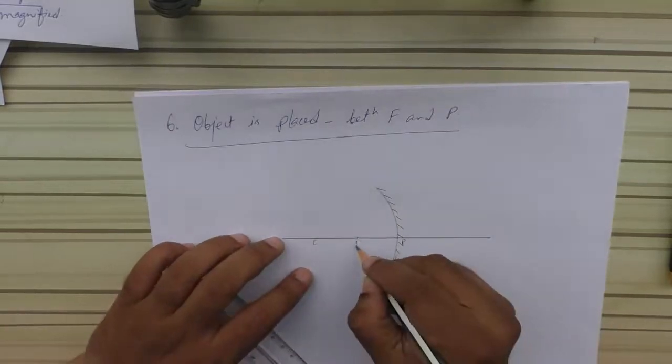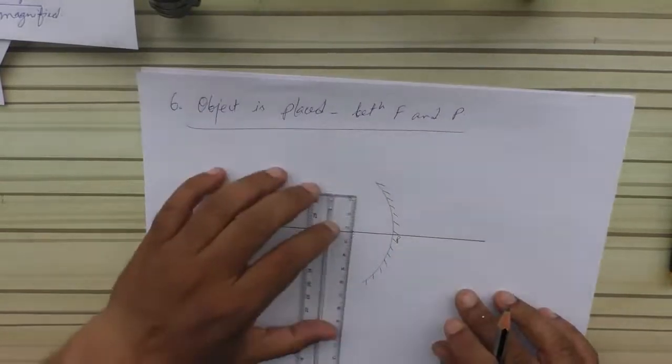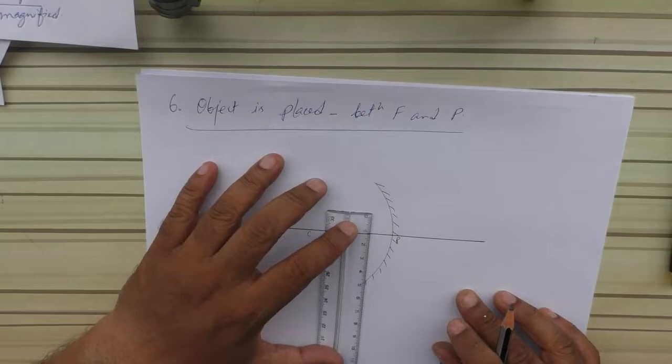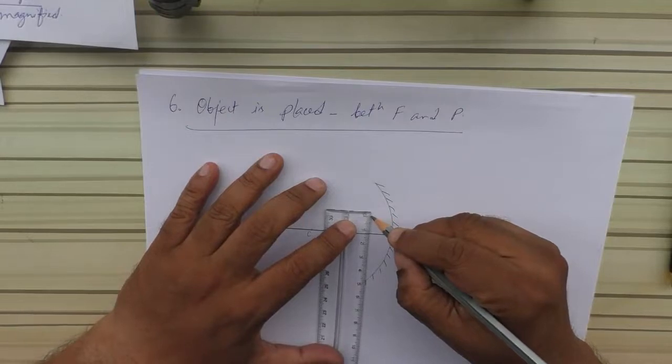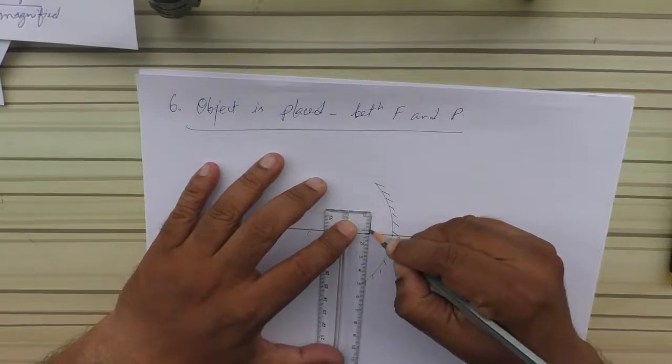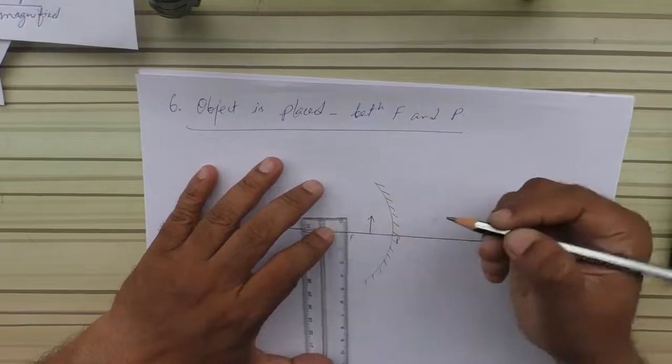This is focus, and according to the question, where is the object placed? Object is placed between focus and pole, anywhere in between focus and pole. It is not required that it be exactly at the midpoint.